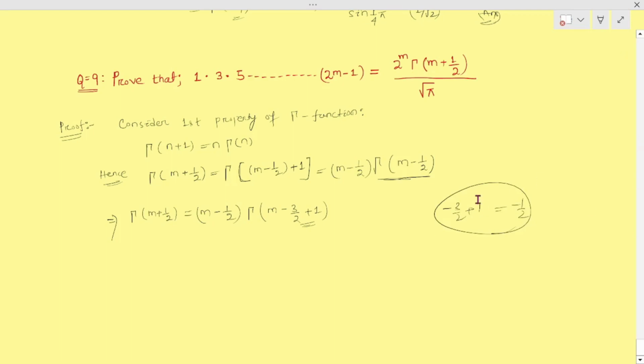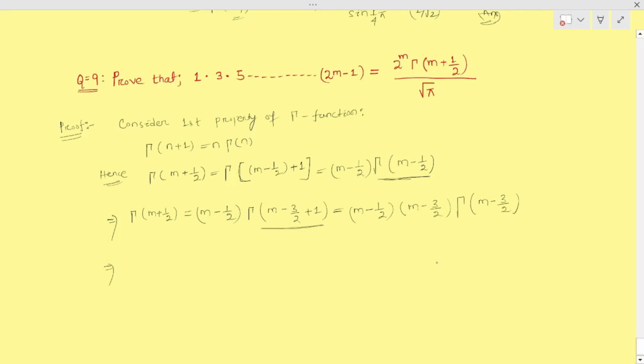Again this can be written as m minus 1 by 2, and here again I am going to apply the first property, then it will be written as m minus 3 by 2 gamma m minus 3 by 2.